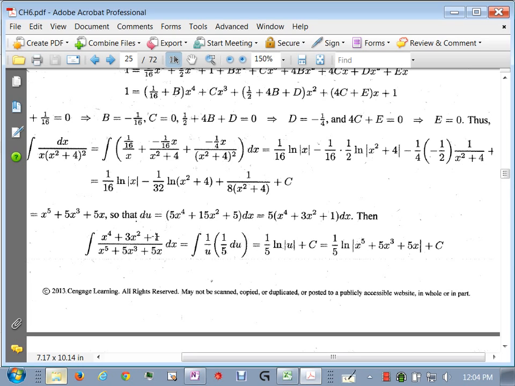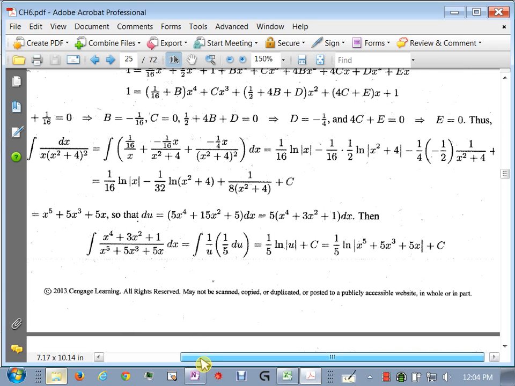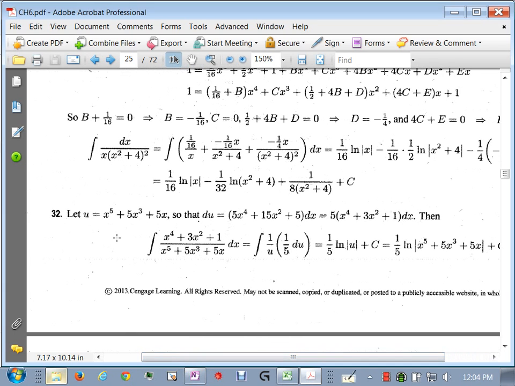So that's a basic substitution problem. Can you imagine if you tried doing all the partial fractions on that, and in the very beginning was a basic U substitution? They put that as number 34 or 32 in the book. Why? Because they know you've forgotten to do the other stuff first. Always check the other stuff. They're checking to make sure you're not going to kill yourself doing something you don't have to do.